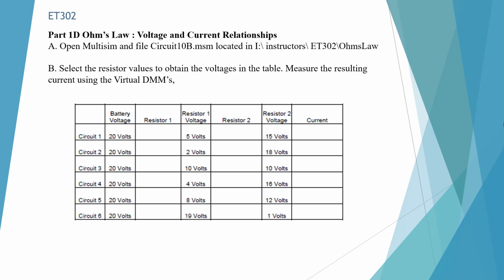So since we have 20 volts, 5 volts, and 15, I could go ahead and use 5 ohms and I could use 15 ohms. And we're going to be able to measure it, but since we're using ohms, our current is going to be in amps.